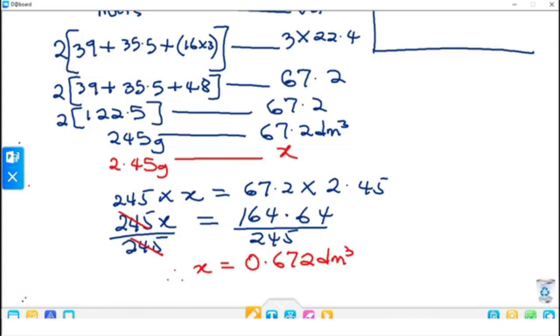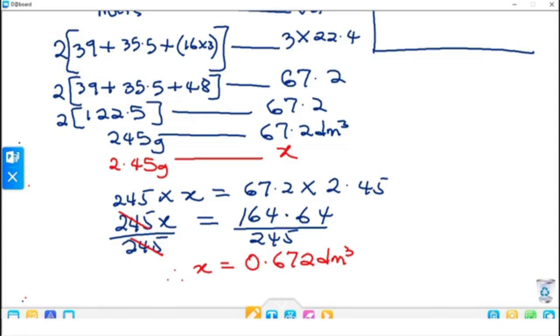So that is our answer. So the volume of oxygen that will be produced when 2.45 grams of potassium chlorate is provided is 0.672 dm cube.